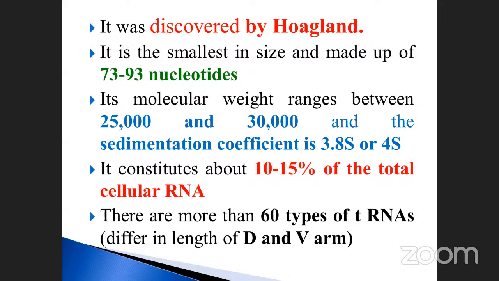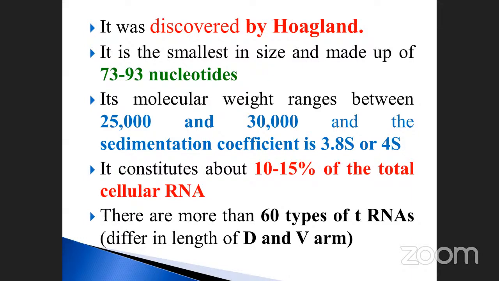Since it is the smallest in size, the number of nucleotides is also very small, 73 to 93. Its molecular weight ranges between 25,000 and 30,000, and the sedimentation coefficient is 3.8S or 4S.